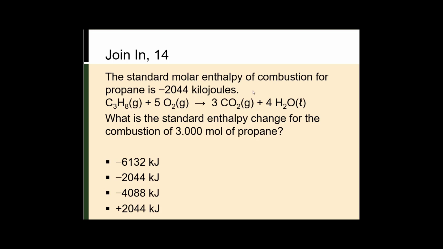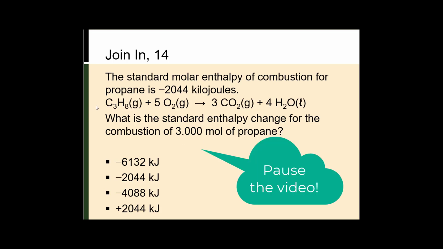If we know that the standard molar enthalpy of combustion for propane, given this equation, is, so the delta H is negative 2,044 kilojoules, what is the standard enthalpy if I have 3 moles of propane?